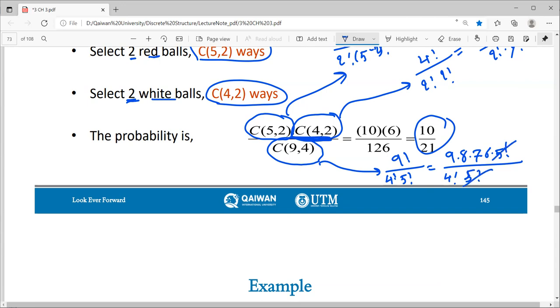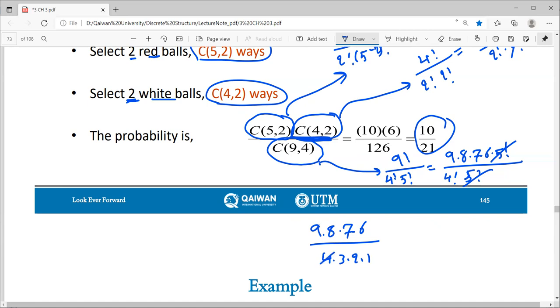These cancel out. As I said, we always expand the numerator to the highest factorial in the denominator. Now we have 9 times 8 times 7 times 6 dividing by 4 times 3 times 2 times 1.